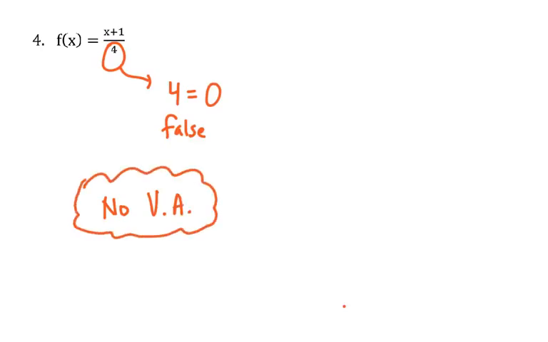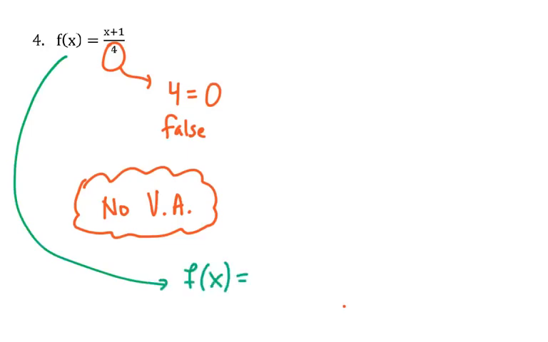So in other words, this is a rational function lookalike, but at its core, it's actually just a linear function in this case. What I mean by that is if I were to take the function and rewrite it just a little bit, I could bust it up as x over 4 plus 1 over 4 because both x and 1 are being divided by 4.